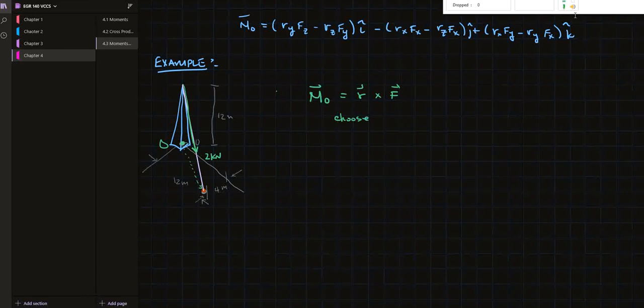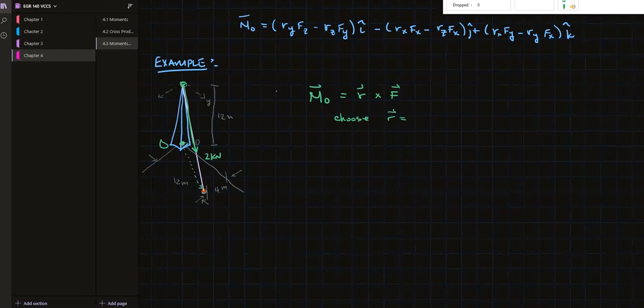Let's say choose R equals, if we went from here, I think it's going to be better if we make this our origin up here though. So if I make my origin the top instead of the bottom, even though we're trying to find the moment about this point here, this is probably going to be easier for us.